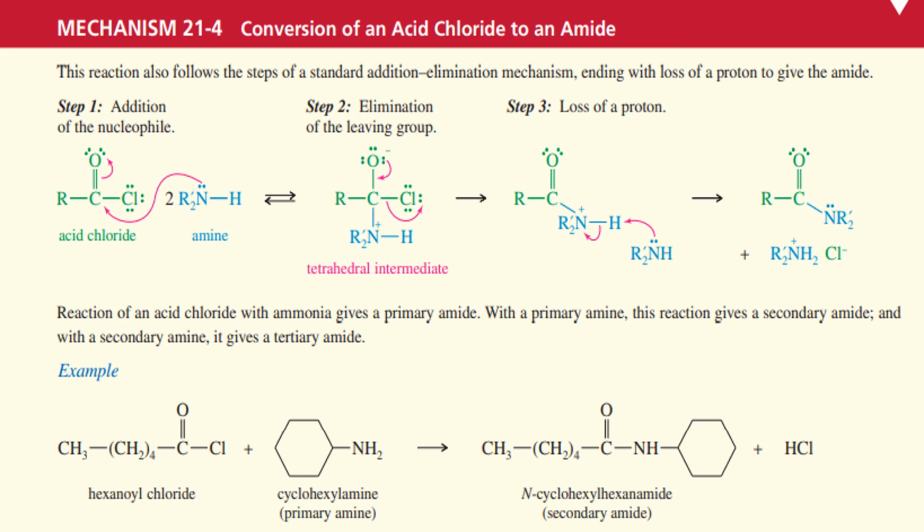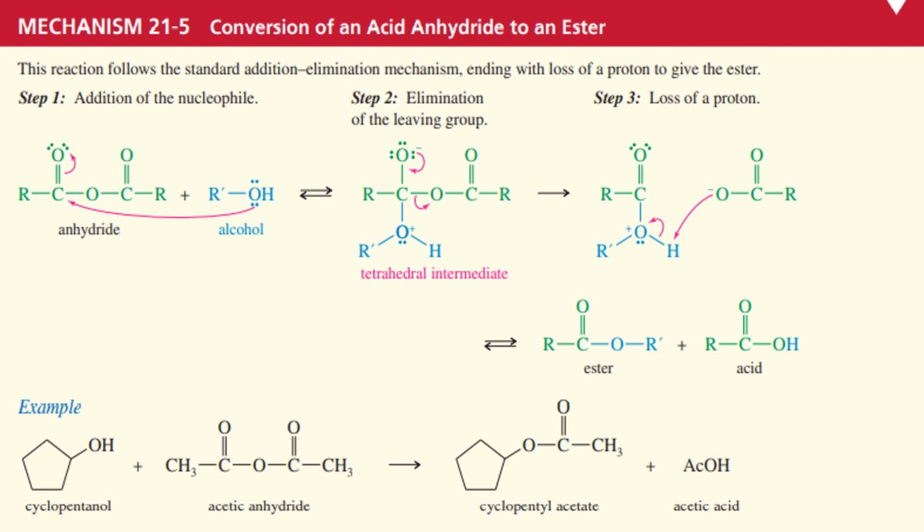Alternatively, a base such as pyridine or NaOH may be added with the amine to neutralize the HCl and avoid having to use a large excess of amine. Hexanoyl chloride reacts with a primary amine, cyclohexylamine, to give a secondary amide, N-cyclohexylhexanamide.